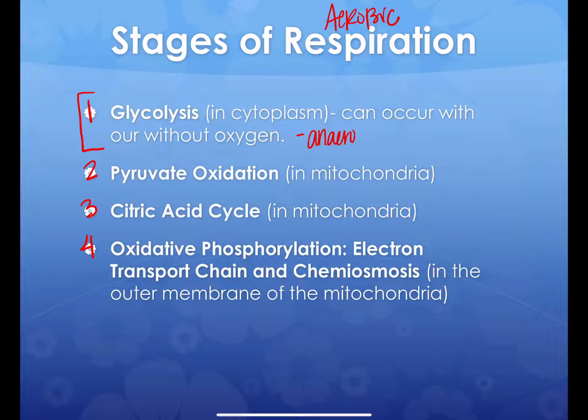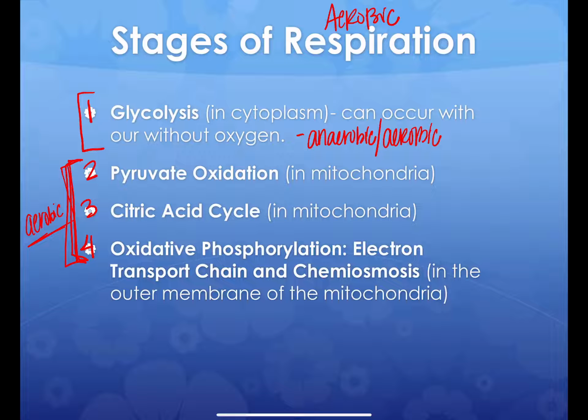So this is for aerobic or anaerobic respiration, and then these next 3 stages are aerobic only. So glycolysis happens first either way. And then if oxygen is available, it will proceed to these next 3 steps, okay? If oxygen is not available, then it will move to anaerobic respiration or fermentation. That is about all that we're going to touch on today with anaerobic respiration.